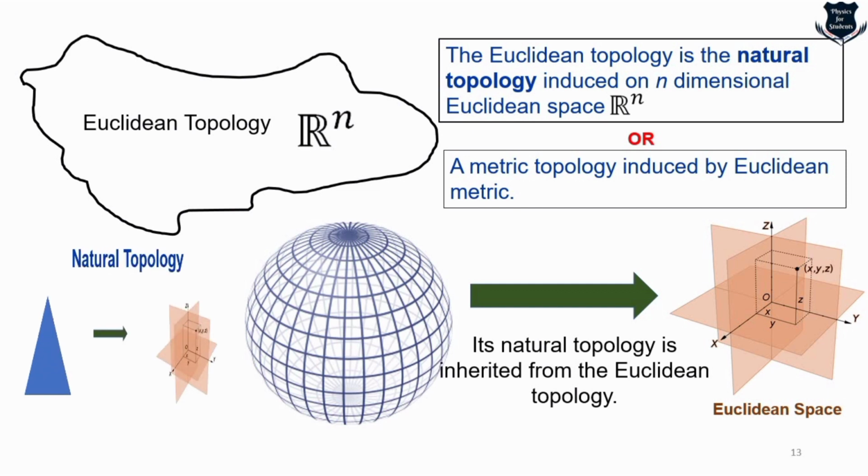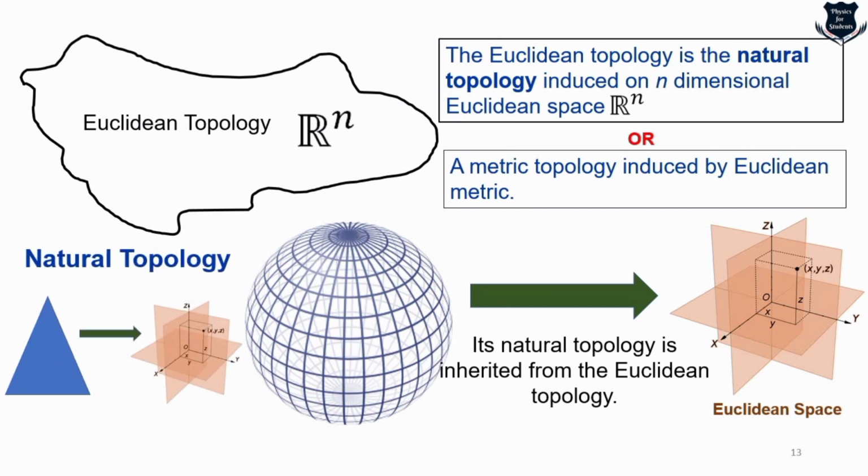Also, for example, I've just taken something like an isosceles triangle, or just a figure from the Euclidean space. It can also be a subspace. So a triangle or any other object derived from the Euclidean space again has the natural topology of the Euclidean. So you understand that any kind of subspace will inherit from the Euclidean topology.